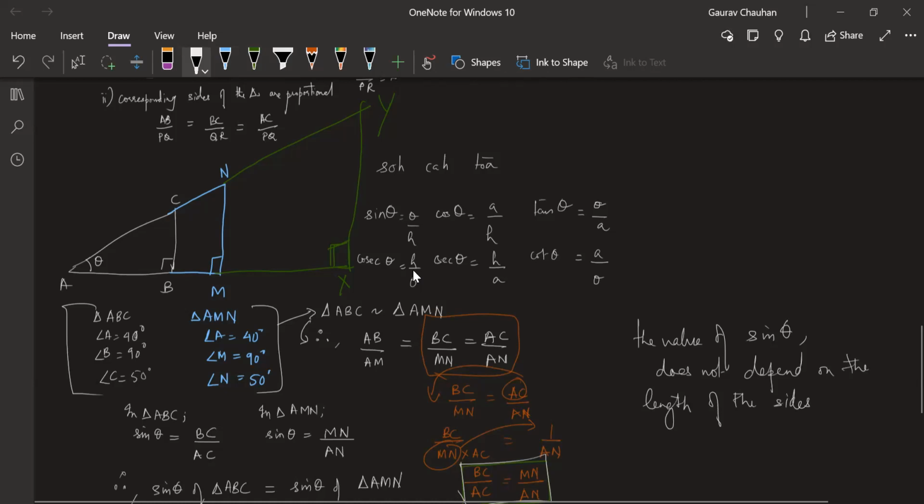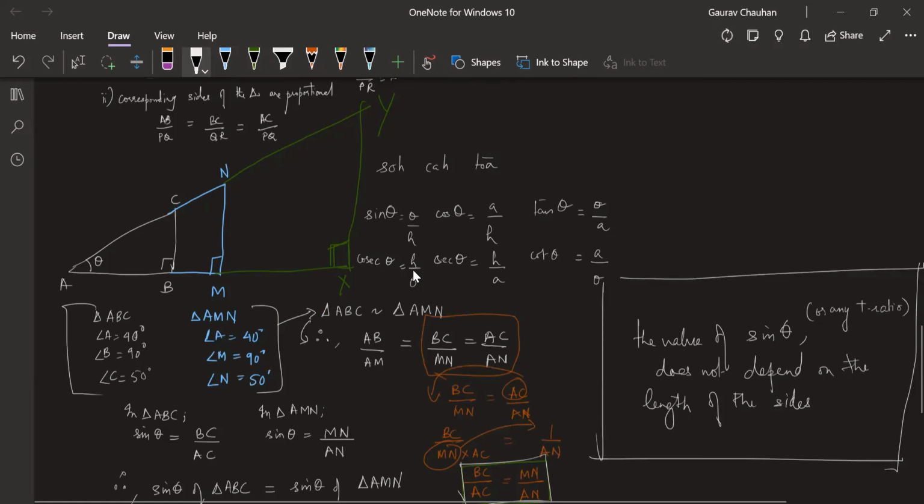The value of sine theta or any t ratio, not just sine theta, I'm just taking the example of sine theta here, does not actually depend on the length of the sides, even though it is one side by the other side. But actually, if I know that this is 40 degrees, then the value of sine 40 will be the same in triangle ABC, in triangle AMN, and in triangle AXY, right?